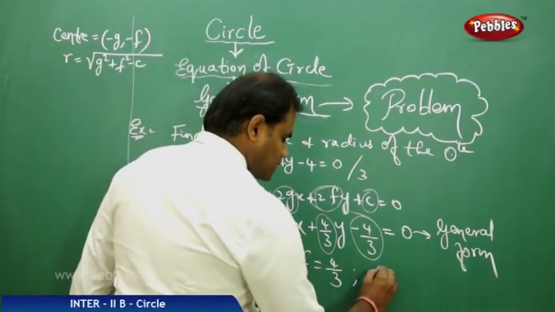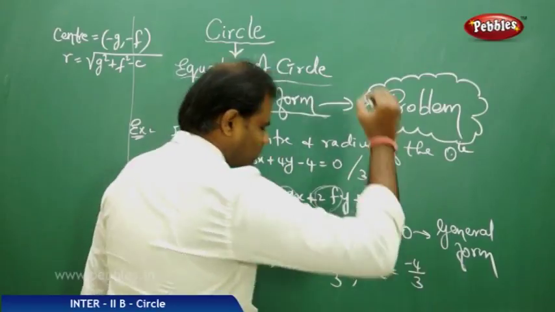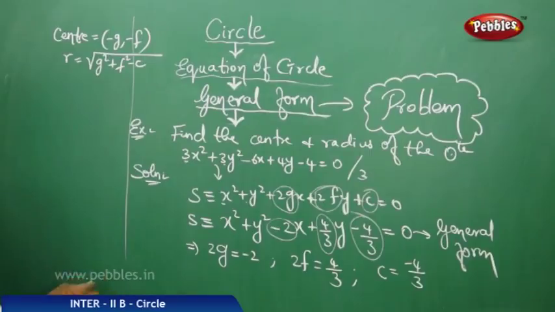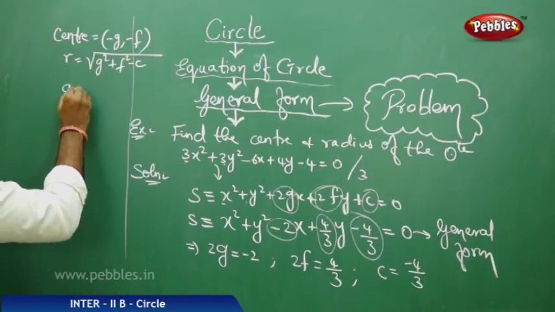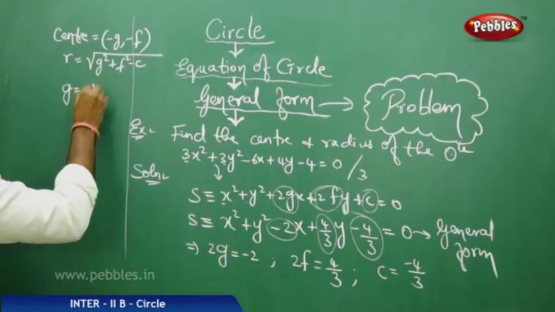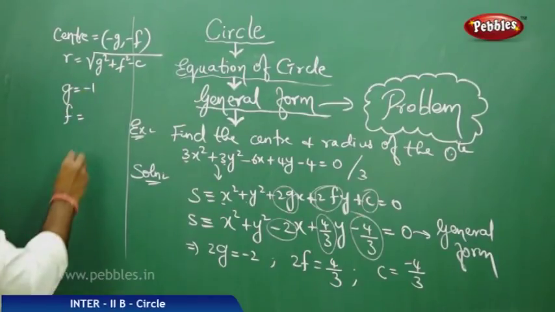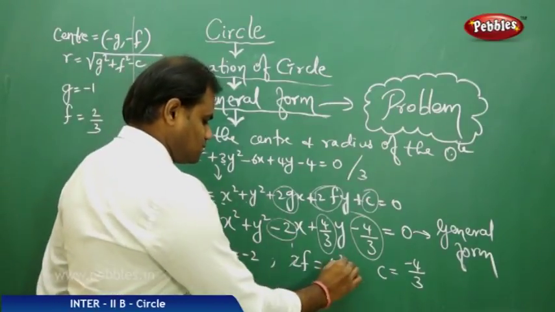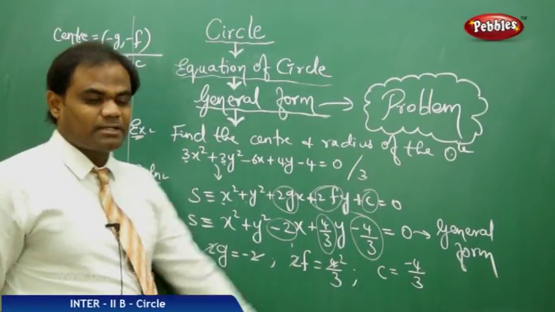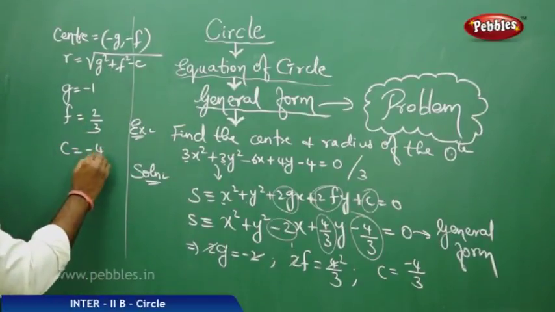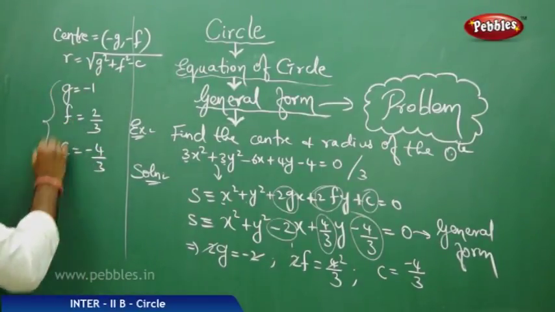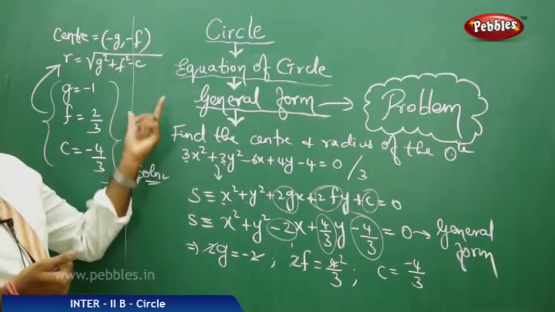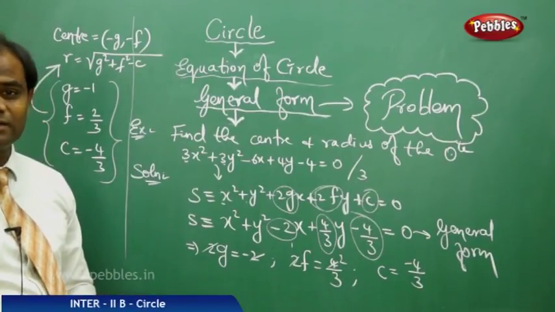So when I simplify, I get g equals minus 1, f equals 2 over 3, and c equals minus 4 over 3. These are the three values I'm going to substitute in the formulas for the center and radius, where I get the center and the radius.